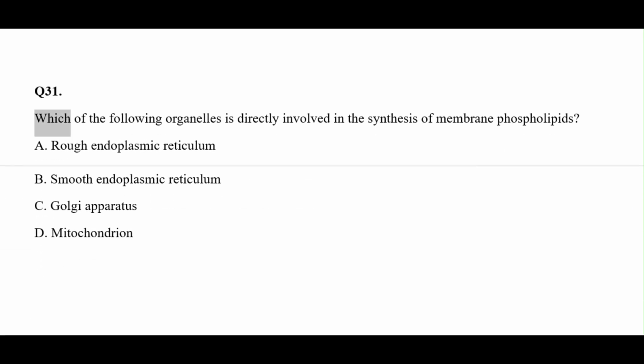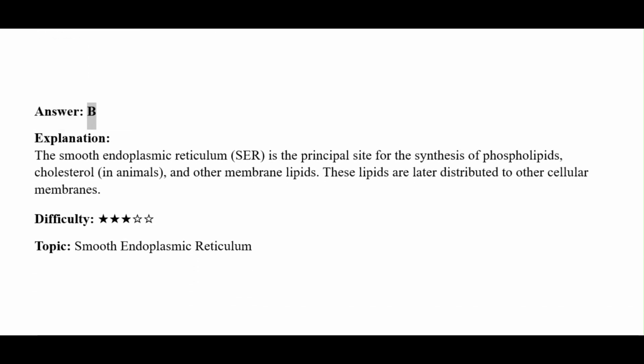Q31. Which of the following organelles is directly involved in the synthesis of membrane phospholipids? A. Rough endoplasmic reticulum. B. Smooth endoplasmic reticulum. C. Golgi apparatus. D. Mitochondrion. Answer, B. Explanation.